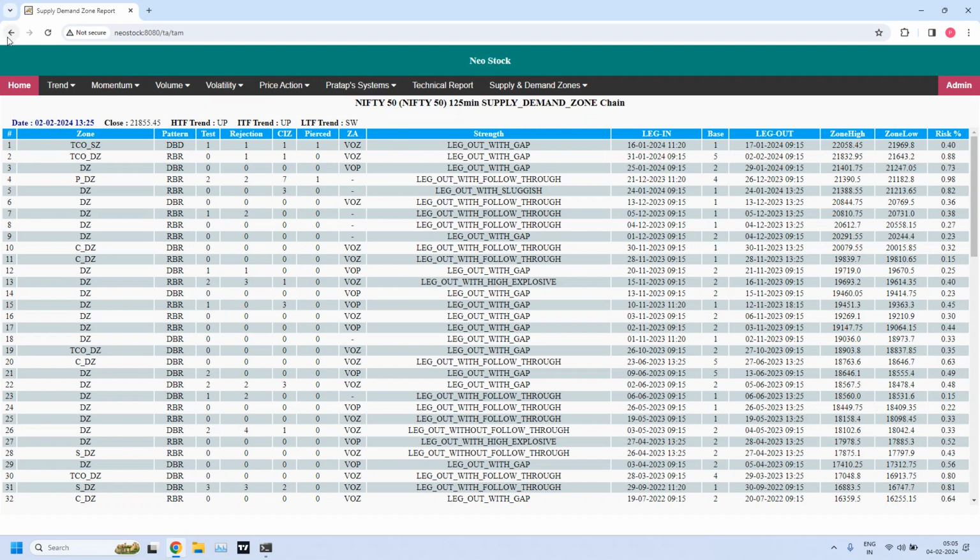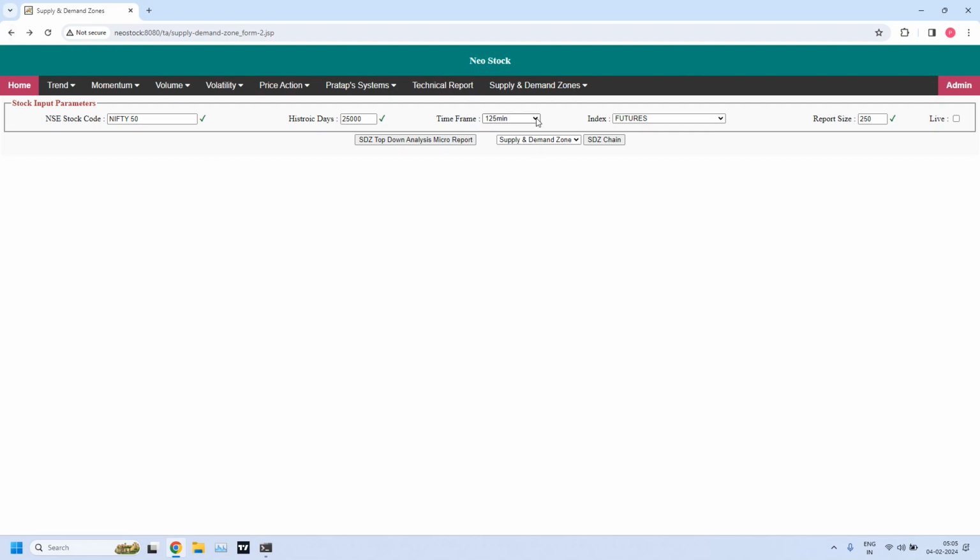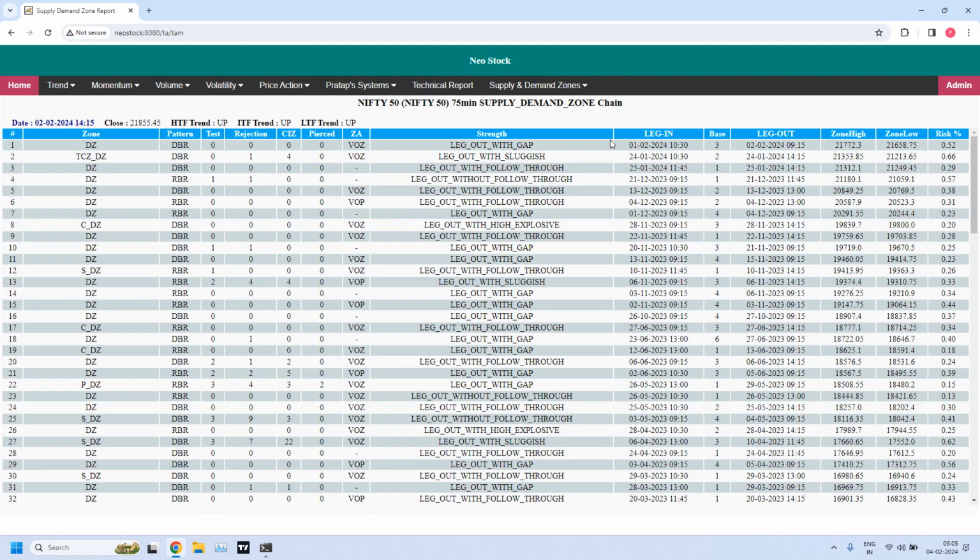So let me go back and change the time frame. I'm changing the time frame to 75 minutes. So let us see the chain for the 75 minutes time frame. At 75 minutes level, there are no supply zones at all. That means 75 minutes supply zones might have been completely violated during the last trading session when Nifty reached the all-time high. So it has a demand zone.